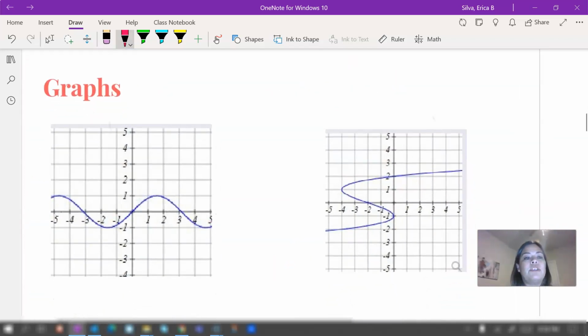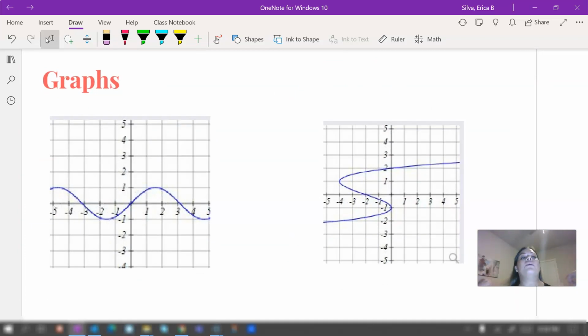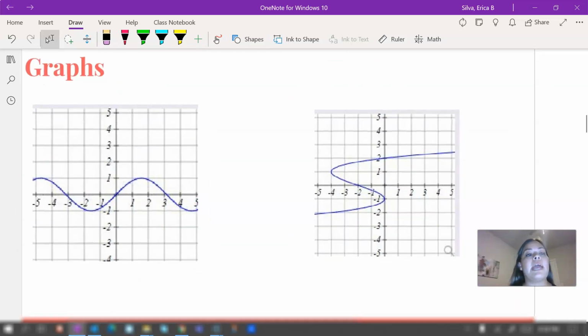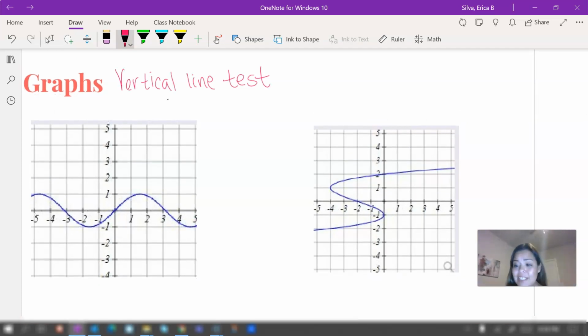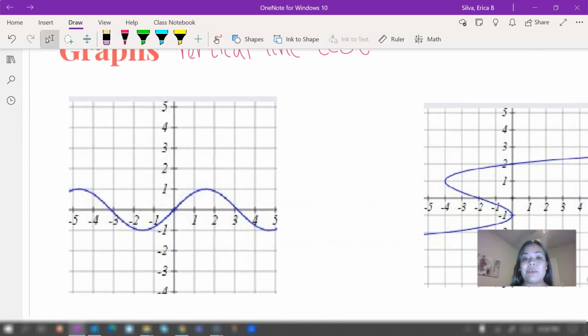Okay, let's go on to the second type of representation, which is graphs. Now with graphs, we use the vertical line test. If it passes the test, then it's a function. If it fails the test, it is not a function. Now let's go ahead and see what that means.